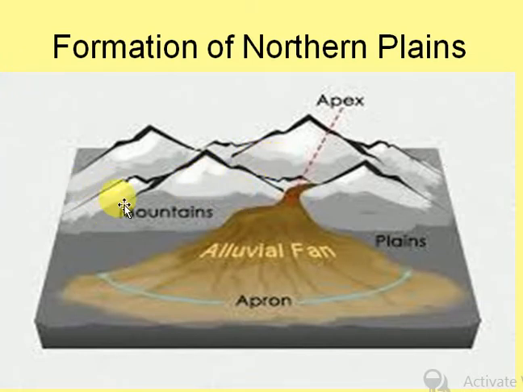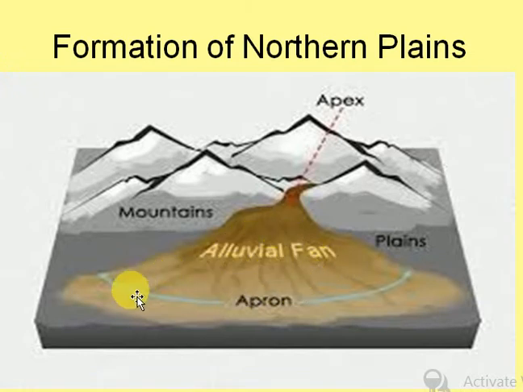From these mountainous areas, due to erosion, many rivers originate and bring soil, sand, silt and other fertile material, and it is deposited in the plain areas where the river loses its force.